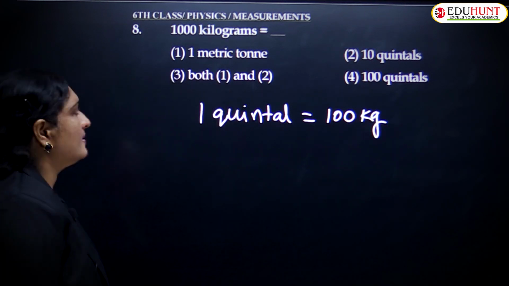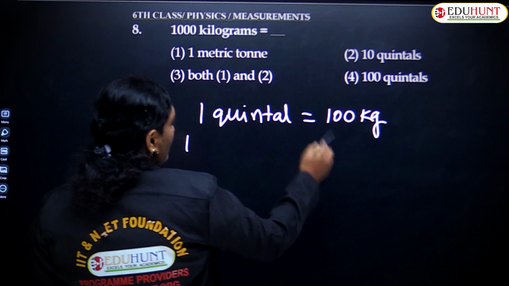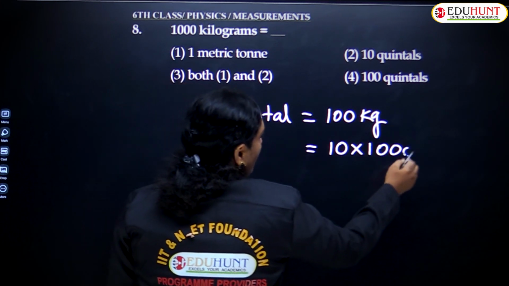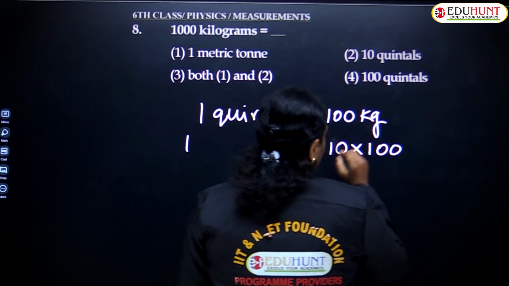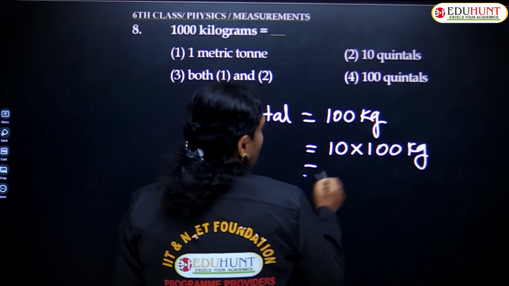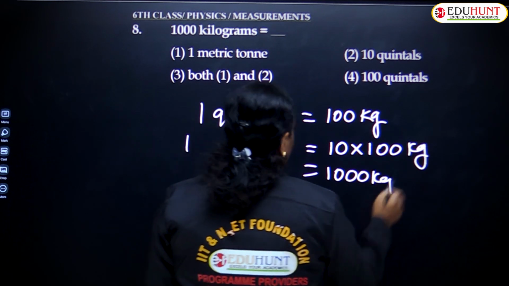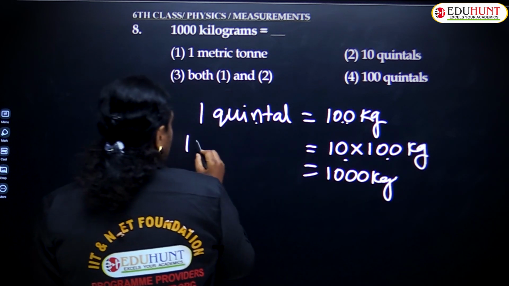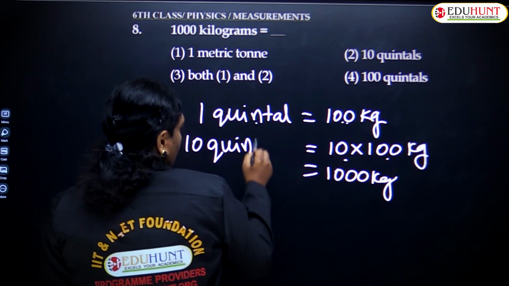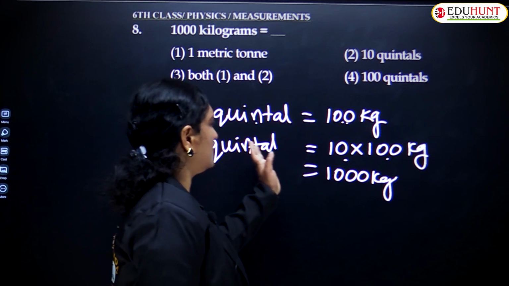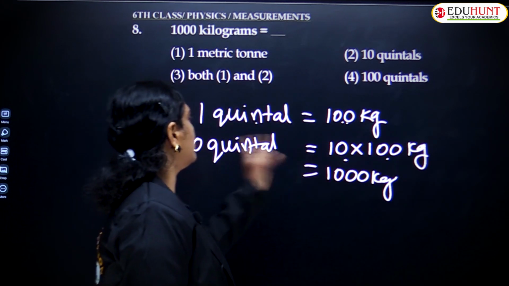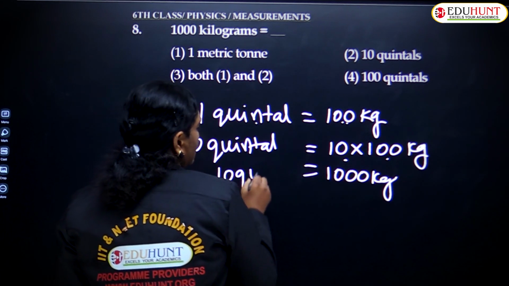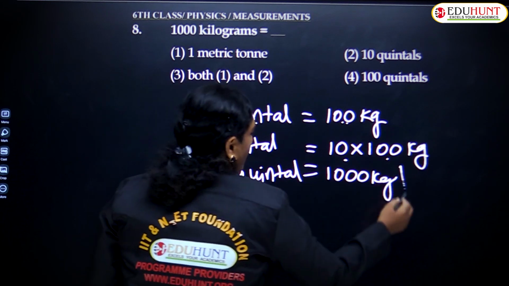Then, if I want 1000 kilograms, I need to multiply by 10. 10 into 100 kilograms, how much is that? 1000 kilograms. So 100 into 10 means 10 quintals. So 10 quintals is equal to 1000 kg.